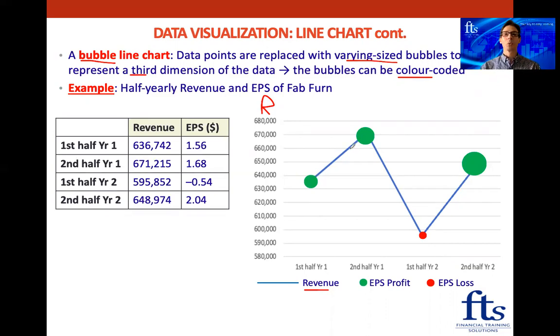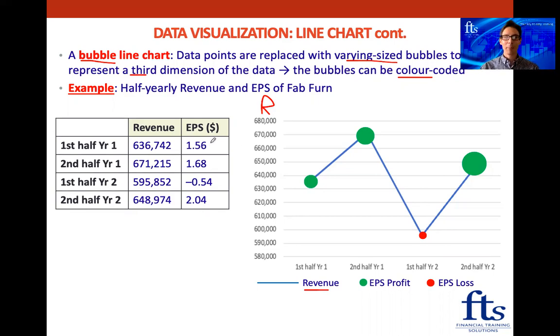But now we are not only plotting the revenue, we're plotting the earnings per share as well. And the earnings per share is represented by bubble size. So the earnings per share, which is just the earnings, which is the profits, is the revenue minus the cost, which gives us the earnings. To get to earnings per share, we just divide the earnings by the number of shares. We'll talk a lot about this when we do financial reporting.